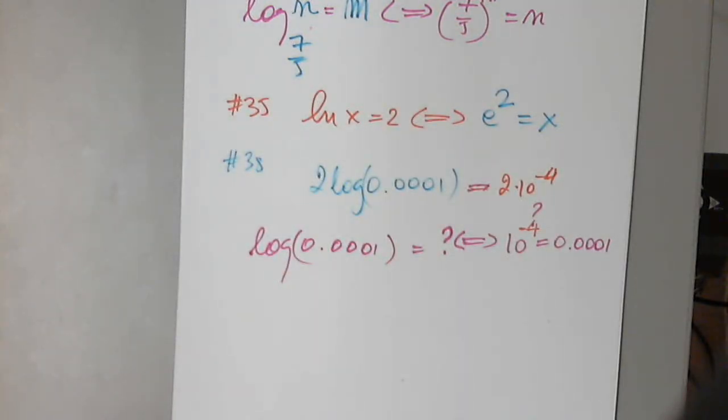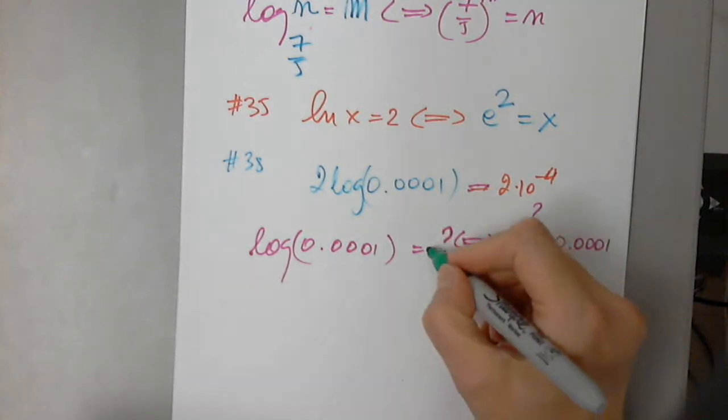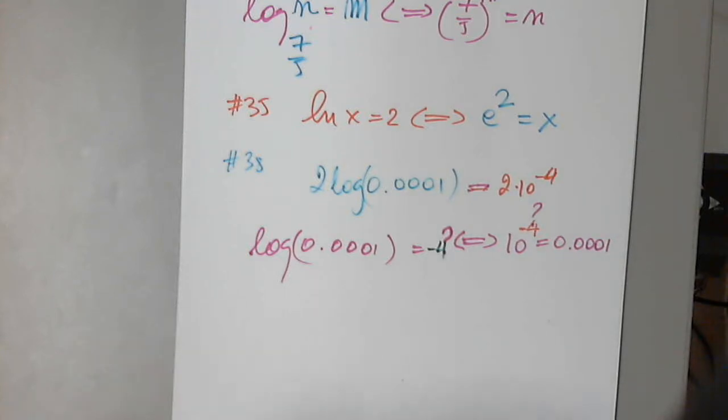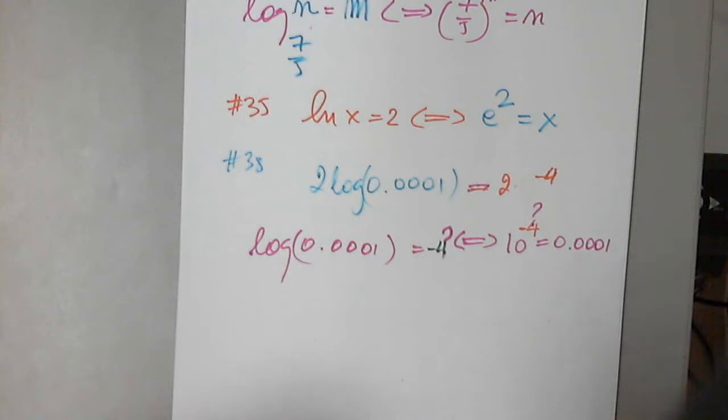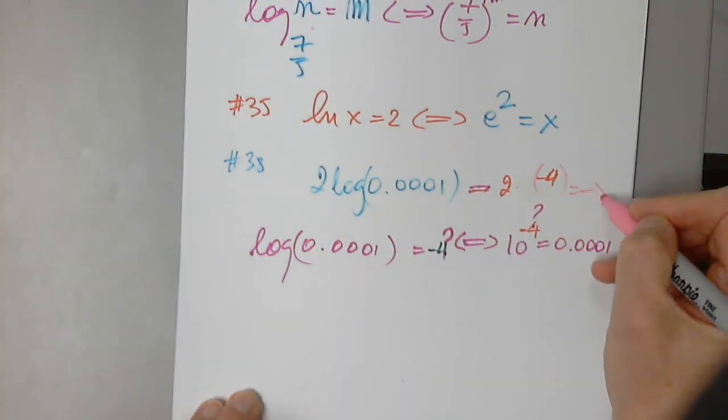How? Well, how come it's not 2 log? Oh, negative 4. I'm sorry. The answer is negative 4. My apologies. See, I should not try to rush. Well, what about the 2? So negative 8.